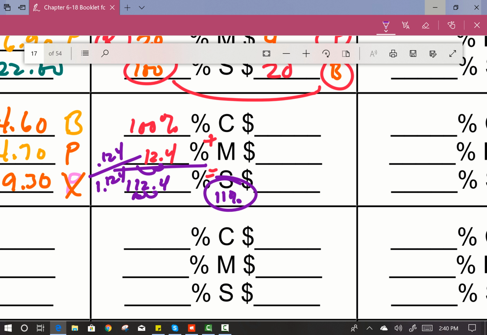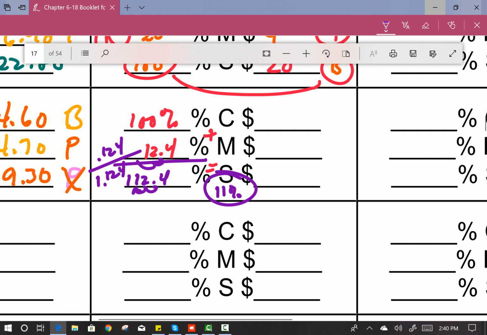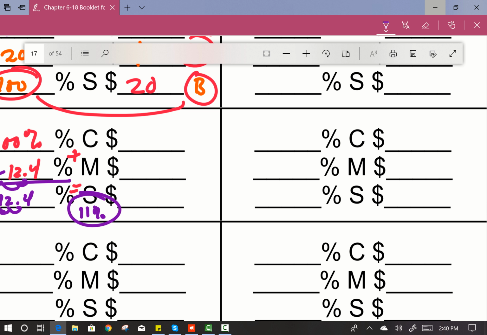Now if we were looking at this going a different direction, let's move this to the side. Again, cost plus markup is equal to selling price, or selling price minus markup is equal to cost. So I'm going to go backwards. I'm going to make this one 100%. And the percent of markup on selling price is 13%.